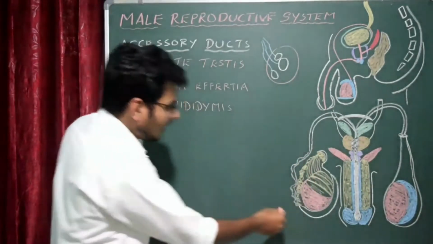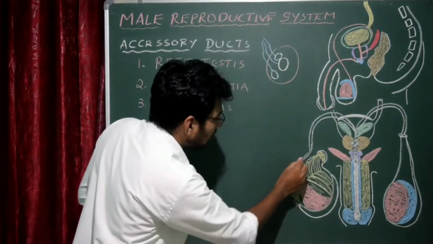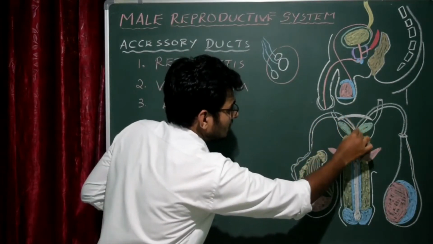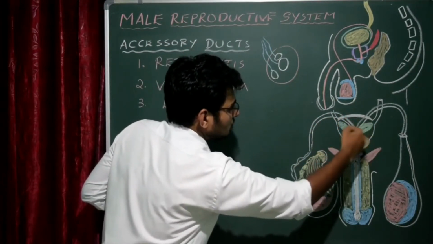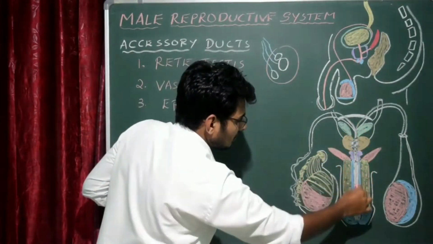Then finally, from the epididymis you could see another white pipe runs here. See here, finally it comes here. This is the urinary bladder, and you could see many glands actually. We'll talk about it later. And finally like this.